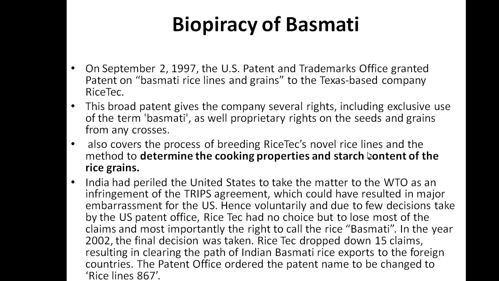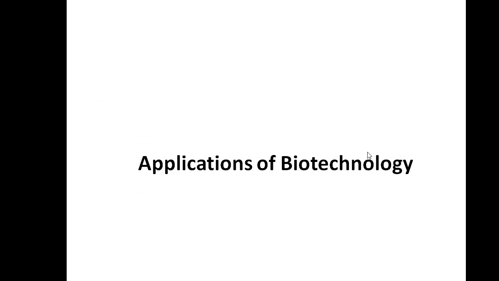Hence, RiceTec had no choice but to lose most of the claims, and most importantly the right to call the rice basmati, in the year 2002. The final decision was taken: RiceTec dropped 15 claims, clearing the path for Indian basmati rice exports to foreign countries. The Patent Office ordered the patent name to be changed to Rice Lines 867.